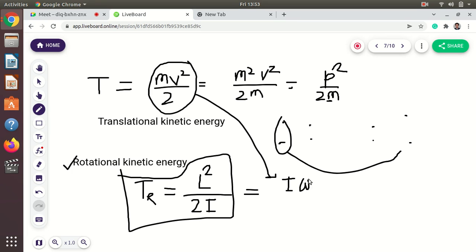So omega square divided by 2. Either you can use this analogy, or we have the value of L. L is I omega, like p is equal to mv, we have L is equal to I omega. So this is the similarity. So we will use this definition for translational kinetic energy.